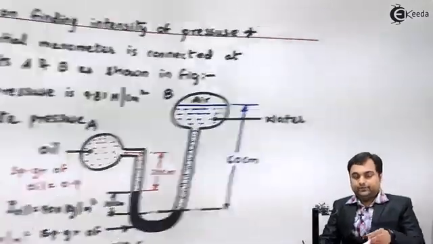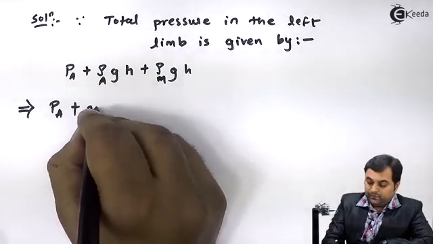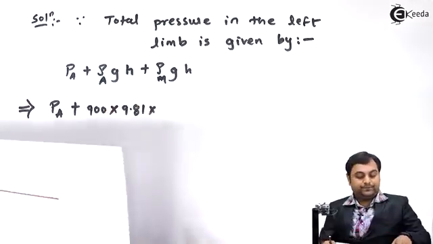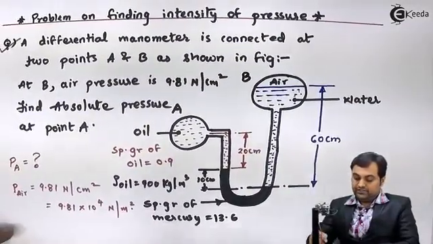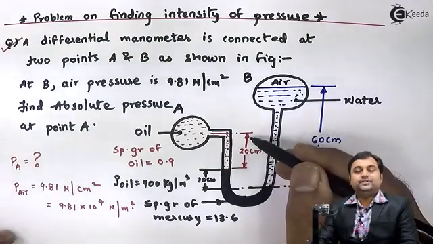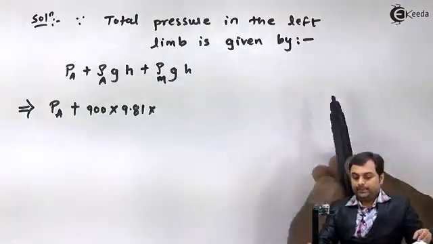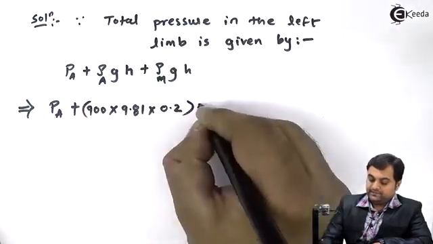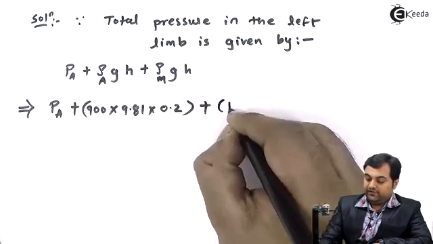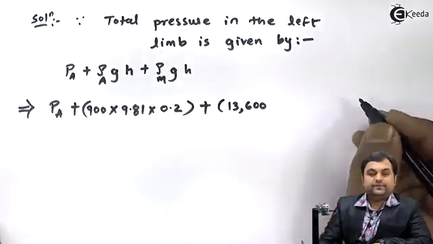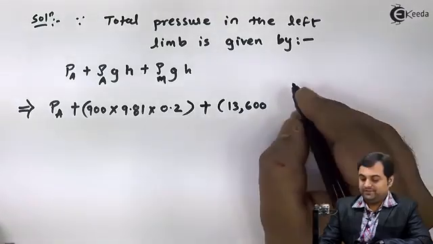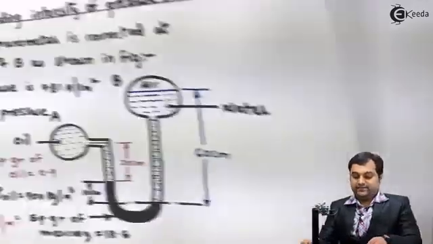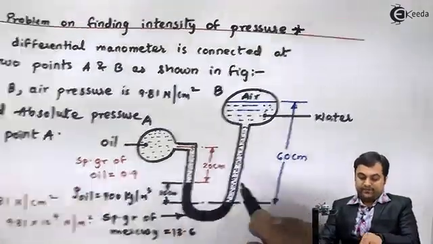So I'll put this value in rho A, 900 into 9.81 multiplied by H. Now H for oil it is 20 centimeters, so in meter it would be 0.2. So here I have into 0.2 plus density of mercury is 13,600. This is a standard value we have to remember. Then 9.81 into height of mercury is up to 10 centimeter, as we can see in the left limb.